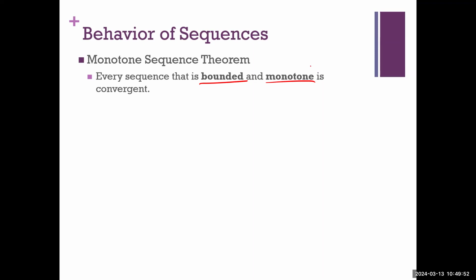Does that mean that a sequence that is convergent has to be both bounded and monotone? Give me an example. (-1/2) to the n. Let's write out some terms. Oh, did we do this one before?